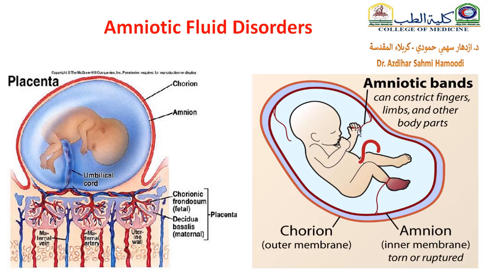That prevents their development, or sometimes causes ischemic changes and even amputation, and leads to delivery of a baby with deformed extremities. This syndrome is called amniotic band syndrome. It's a very rare condition.